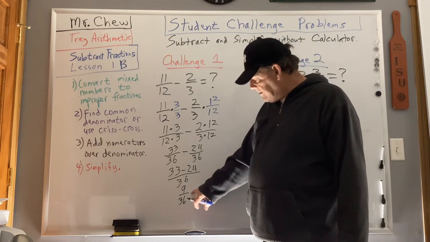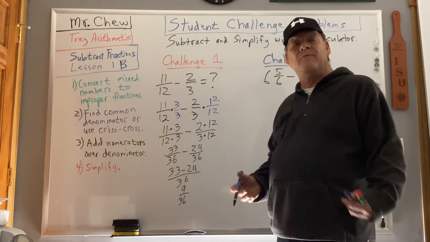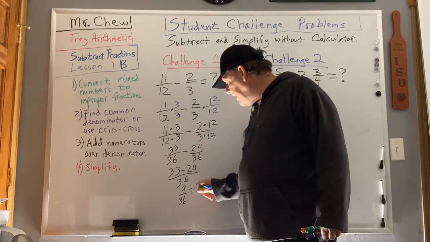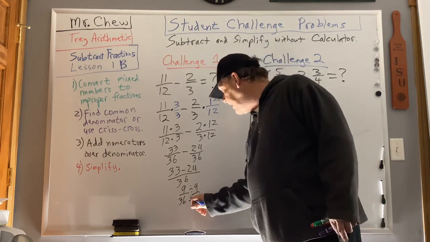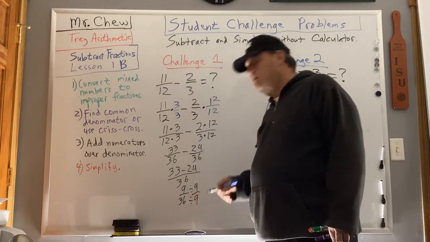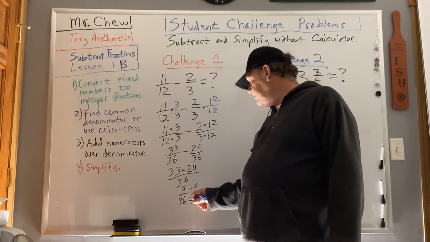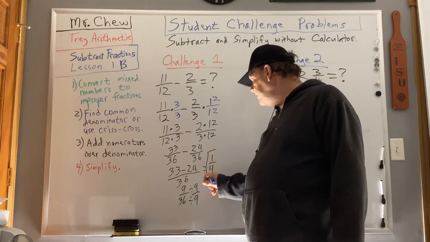Why? Because I can divide them both by 3, and I can divide them both by 9. That's called a common factor. The greatest common factor is 9. So if I divide the numerator by 9, in order for it to be equivalent, I have to divide the denominator by 9. So 9/36 equals 1/4, and that is my final answer.